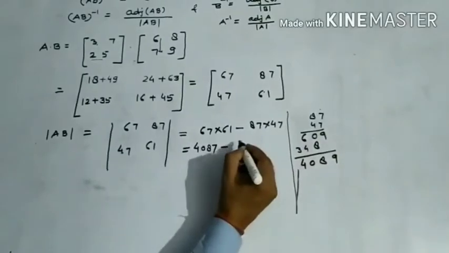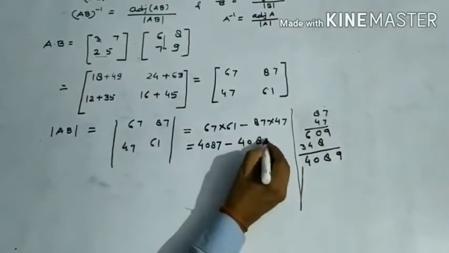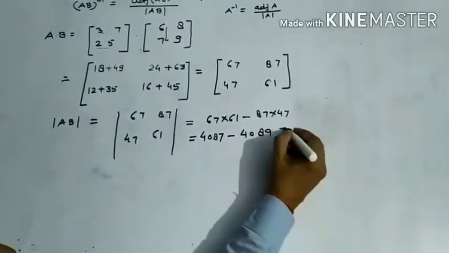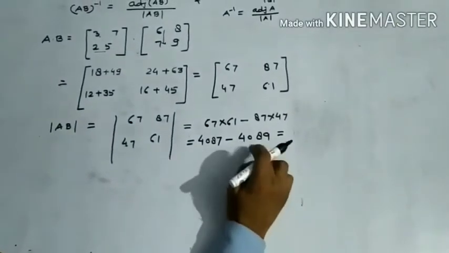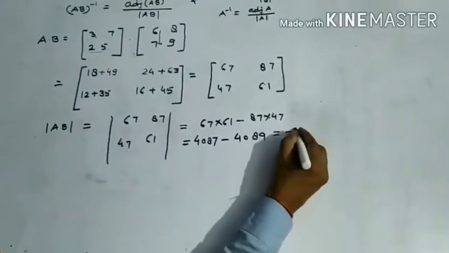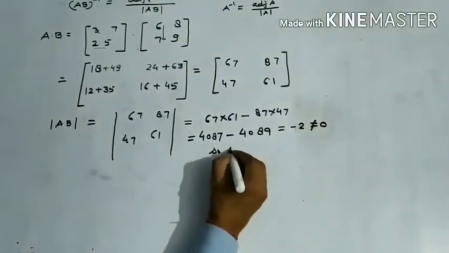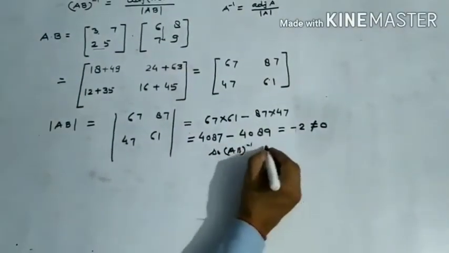So here we get 4087 minus 4089, or this is equal to minus 2. This does not equal 0, so (AB) inverse exists.